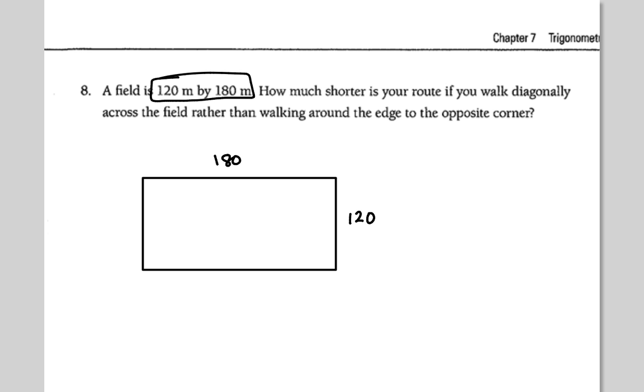Then it says, how much shorter is your route if you walk diagonally across the field rather than walking around the edge? So obviously from one point to the other, the shortest way to get there is a straight line. So we'll call the diagonal C. And the right angle's in the corner here, so we know that C is the hypotenuse.